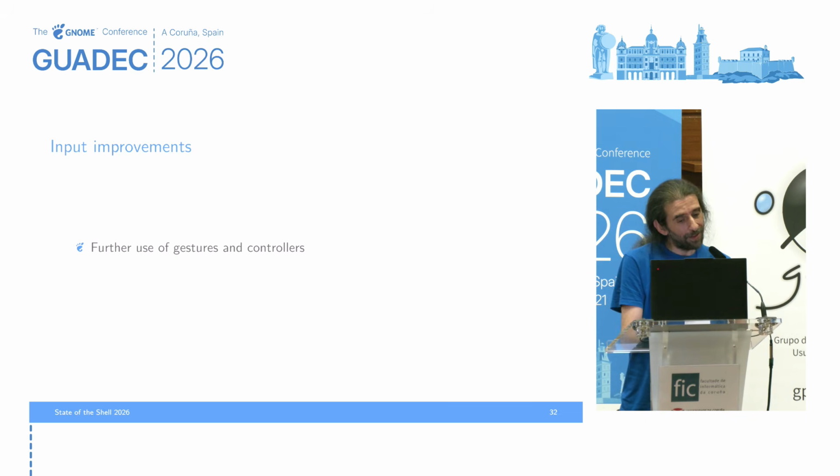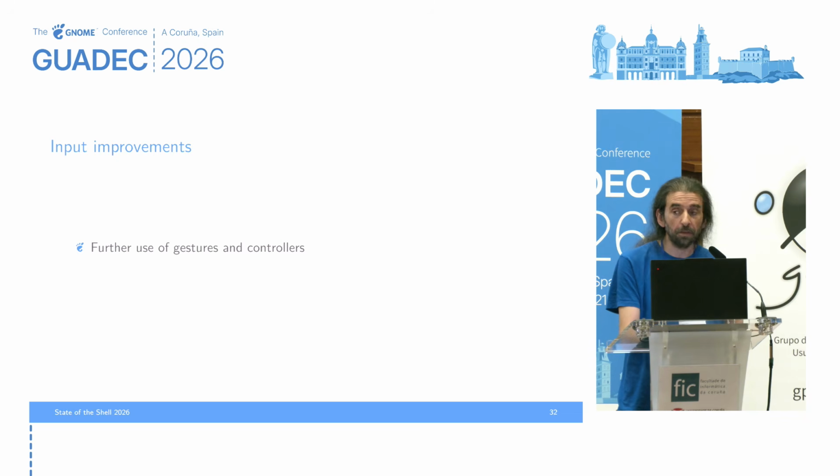So we now use more gestures and controllers, replacing event handlers and signal connections to actor signals in GNOME Shell, and it's been replaced with gesture objects and controller objects, which are self-contained objects that are able to handle tiny pieces of input.